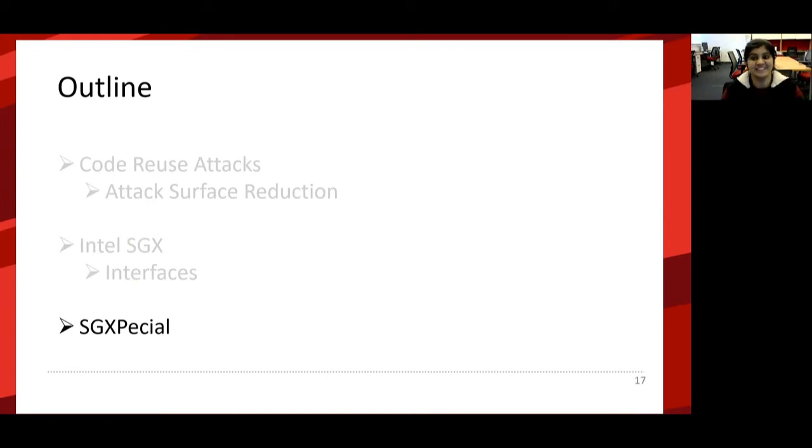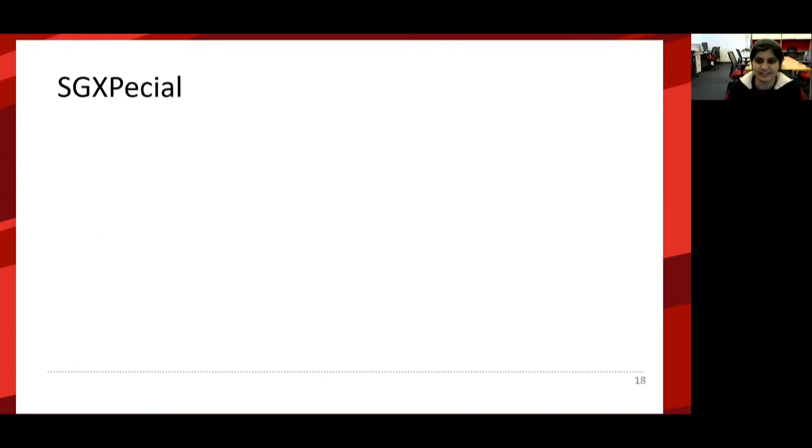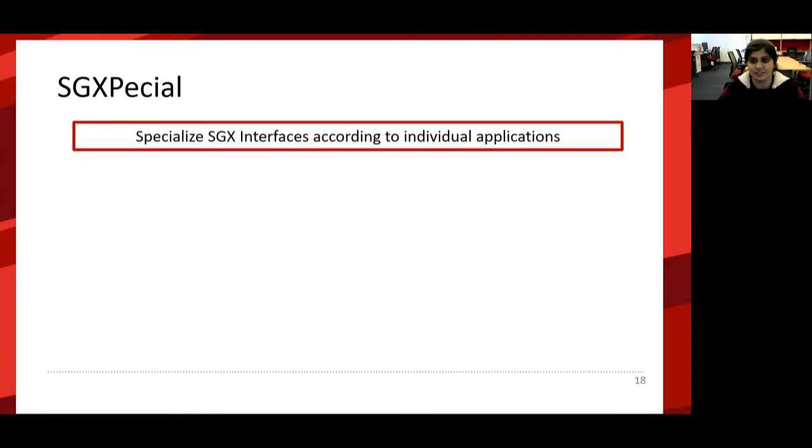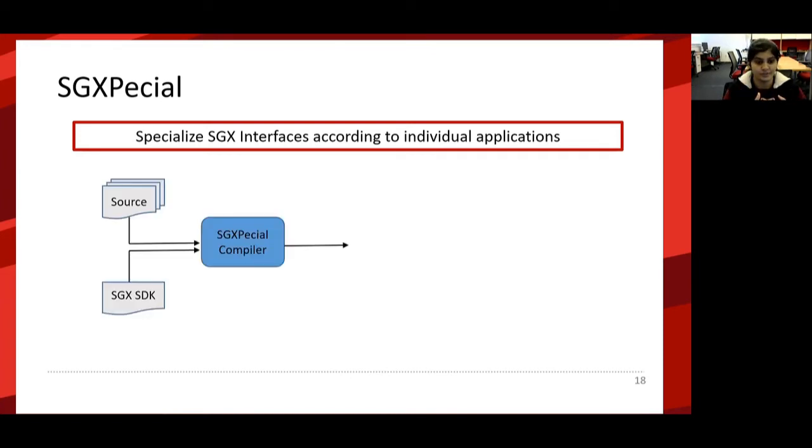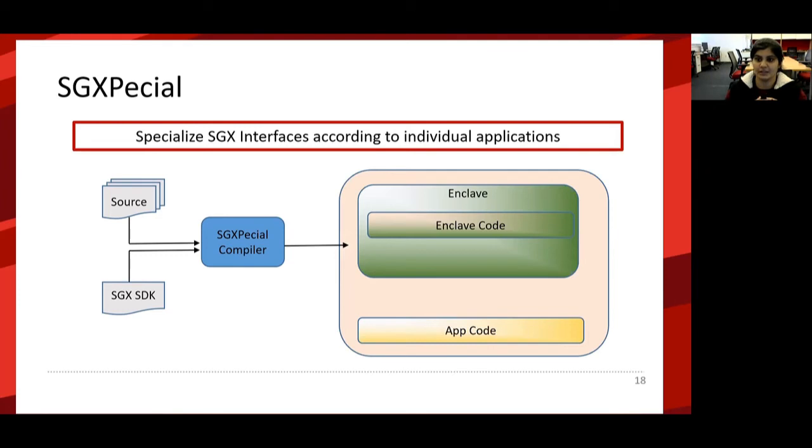So now that we've talked about everything, we finally start talking about our work, which is SGXPecial. In a nutshell, SGXPecial specializes SGX interfaces according to the needs of individual applications. The source and the Intel SDK are input to a compiler toolchain extended with SGXPecial to create an application and enclave that have a very strict interface.